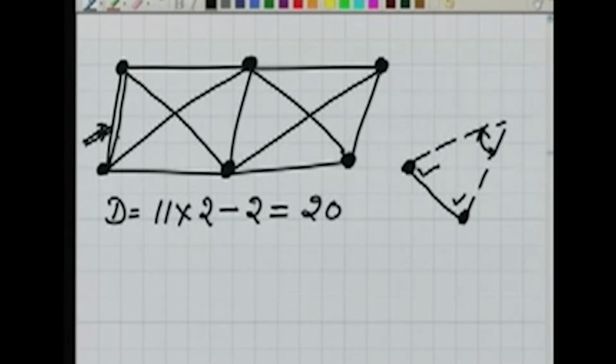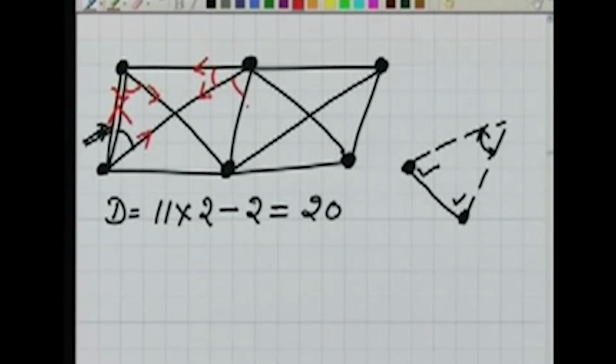While I am observing the angle here, I am taking one direction this way and one direction this way, so 2 directions. Then when I am observing the angle here, again I am taking one direction this way, one direction this way. When I am observing this angle, I am taking a direction here, another direction here.